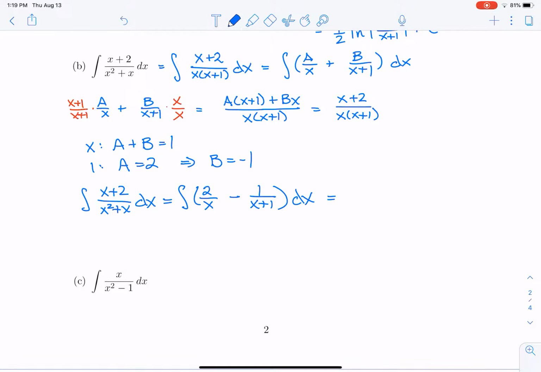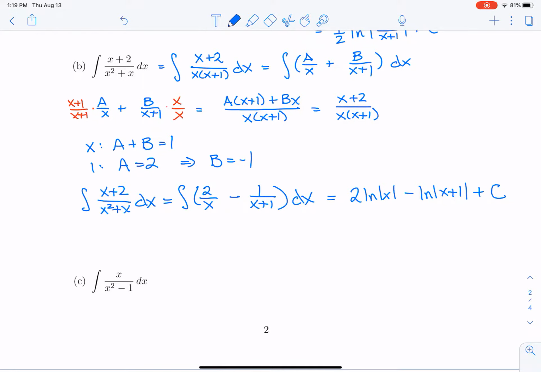So the antiderivative of 2 over x is 2 natural log absolute value of x, and the antiderivative of 1 over x plus 1 is natural log of absolute value of x plus 1, and then we're going to add a c. I'm not going to combine those because those don't have the same coefficient out front.